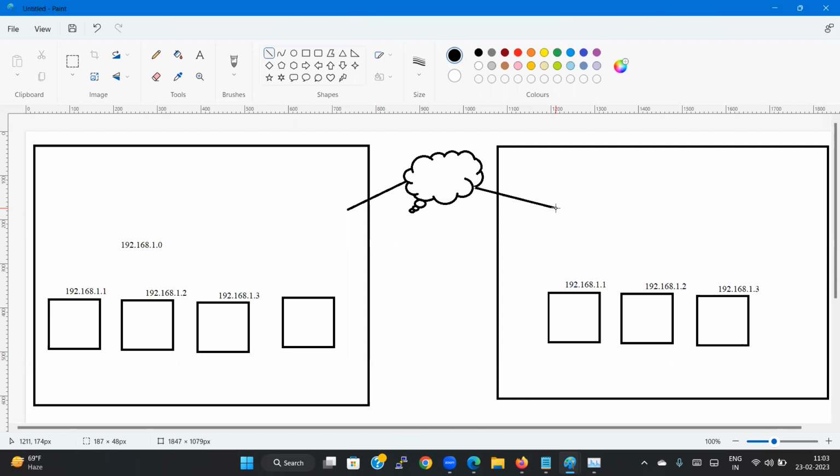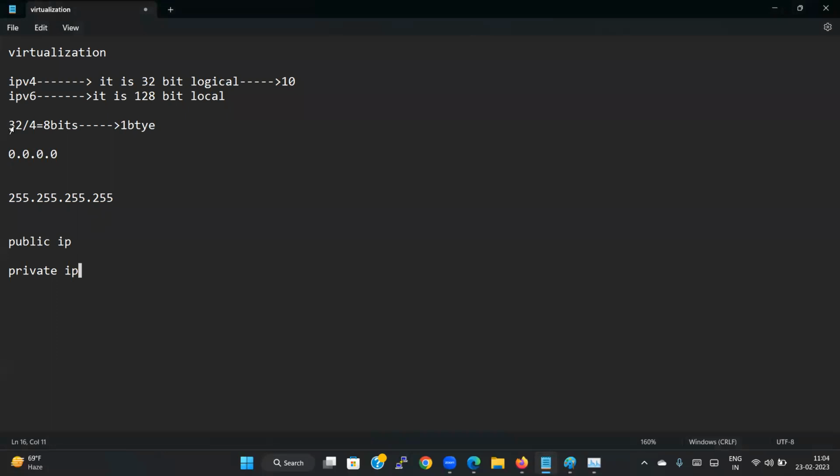The necessity is that these are 32-bit IP addresses, so the total number of IPs we can generate in IPv4 is 2 to the power of 32. That is equal to 4.2 billion IPs. What is meant by a billion? A billion means 100 crores.